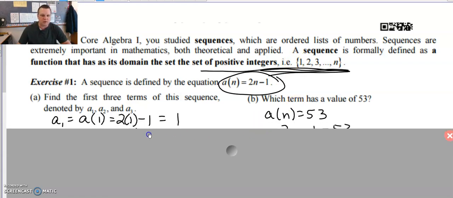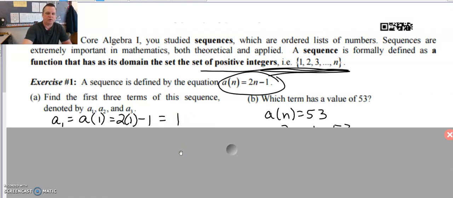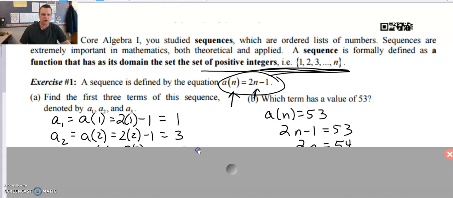For A1, you always start with 1, of course. You don't start with 0. You start with 1, so 1 goes in for n. Wherever you have an n, you plug it in. A sub 1 equals 2 times 1 minus 1, which is 1. Now A2: put 2 in for n, 2 times 2 minus 1 is 3.